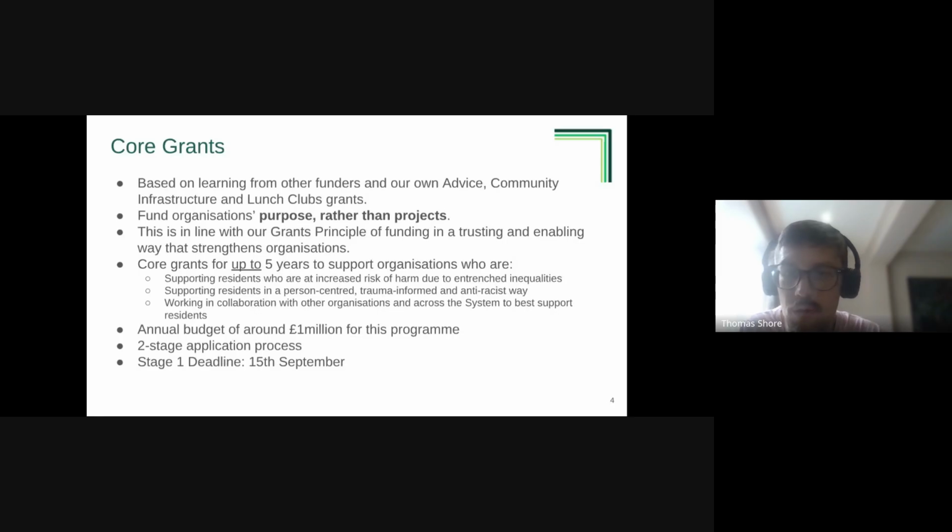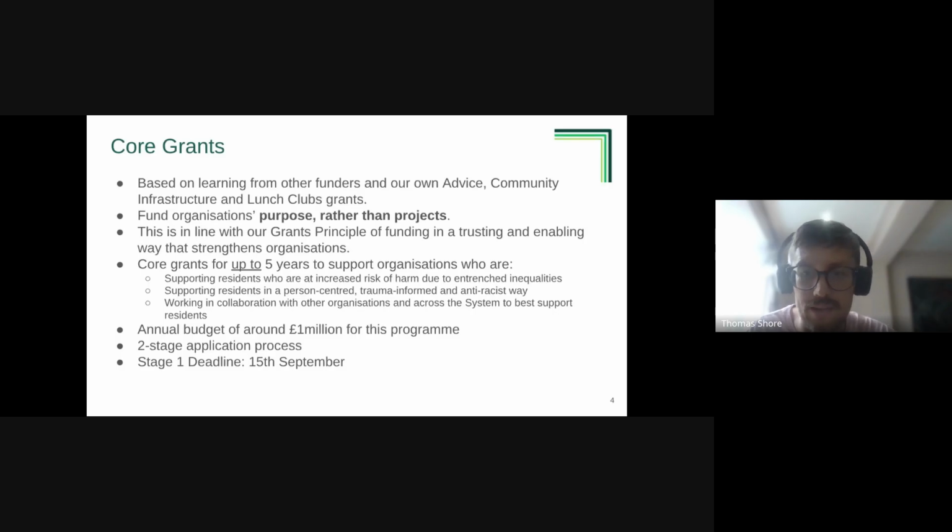The core grants will offer organisations core funding for up to 5 years to support organisations who are supporting residents who are at increased risk of harm due to entrenched inequalities, supporting residents in a person-centred, trauma-informed and anti-racist way, and working in collaboration with other organisations across the system.